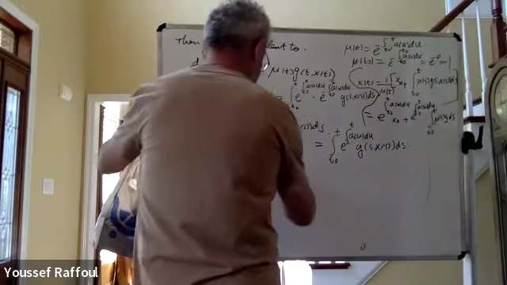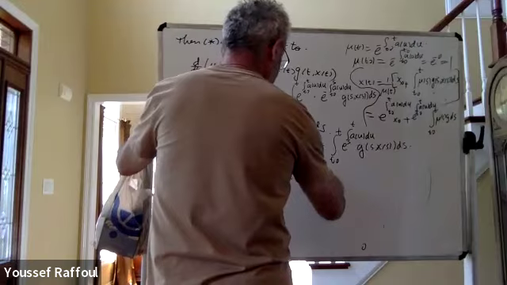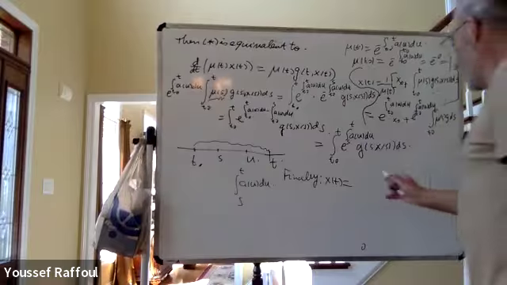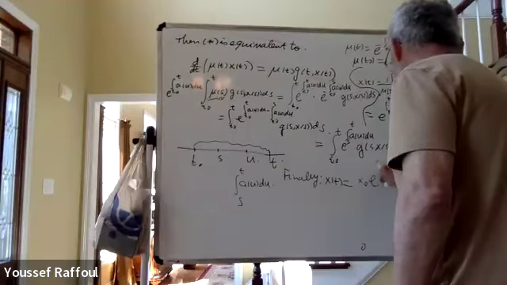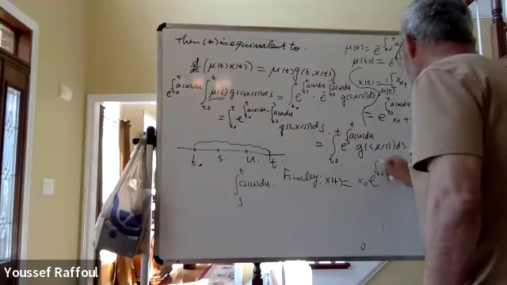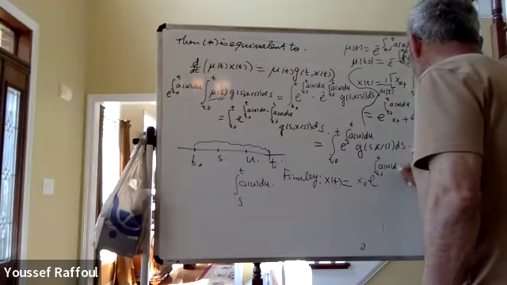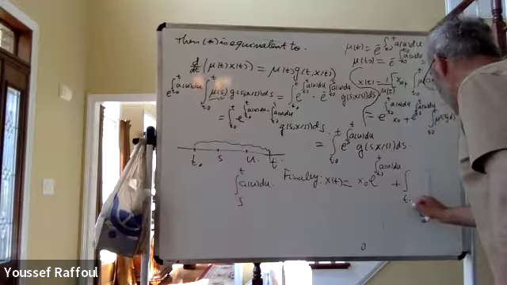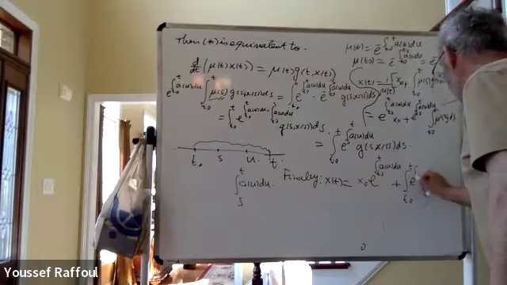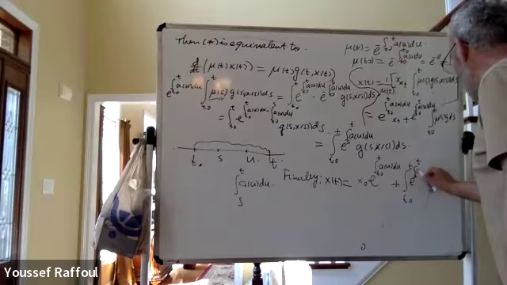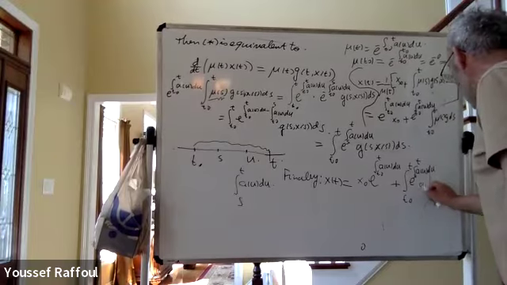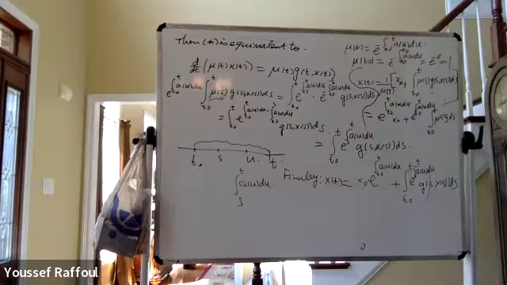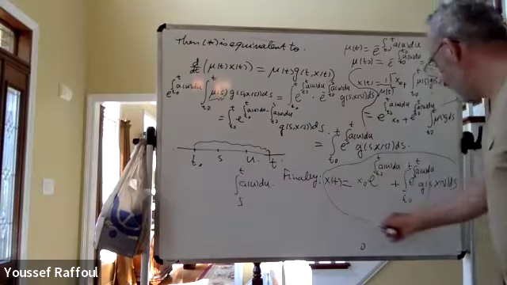All right, so now let's do it here. So finally, the solution is x(t) equal to x naught e to the integral from t naught to t of a(u) du plus this term, the integral from t naught to t of e to the integral from s to t of a(u) du times g(s, x(s)) ds. There you go. So this is called the variation of parameters formula.